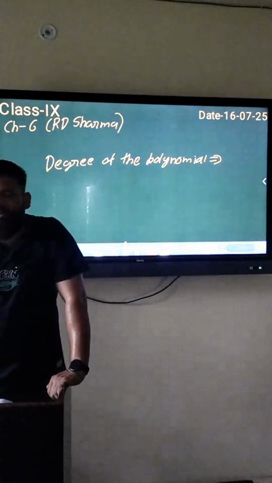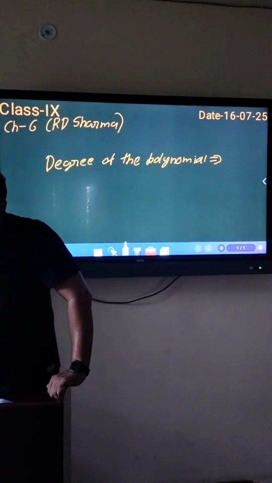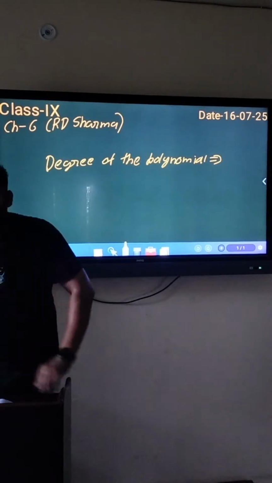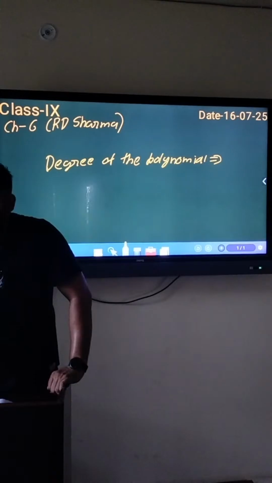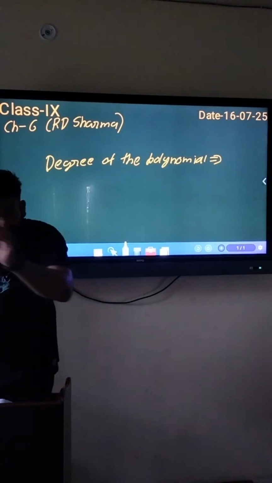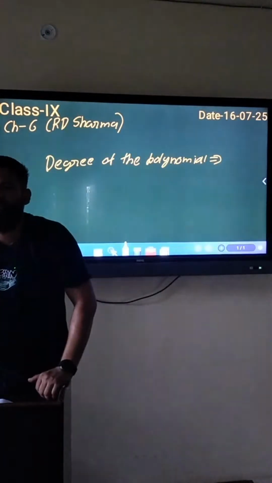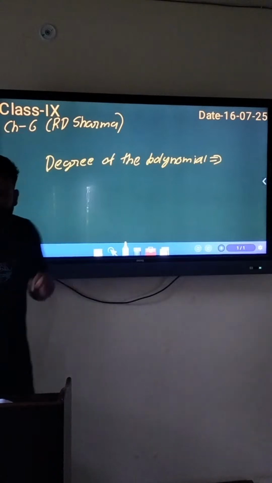For example, in your house there is an IAS officer and you are a peon. If someone knows about your house, by which name will they know about it? They will say there is an IAS officer. They will never say there is a peon also. So for the degree of the polynomial, among the family members, who has the highest power?